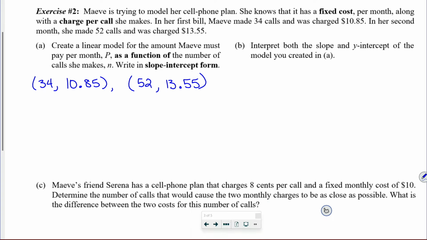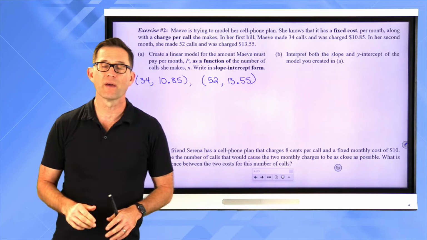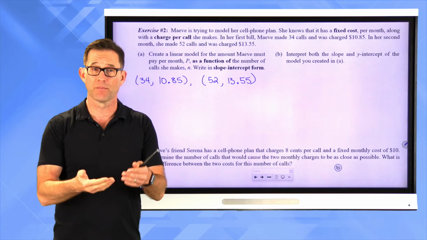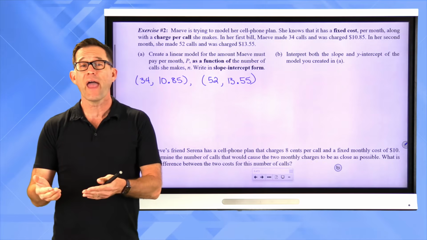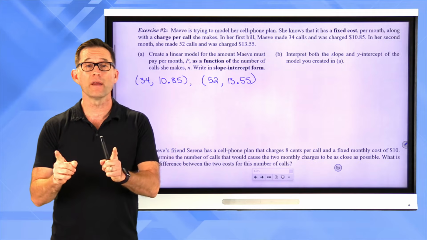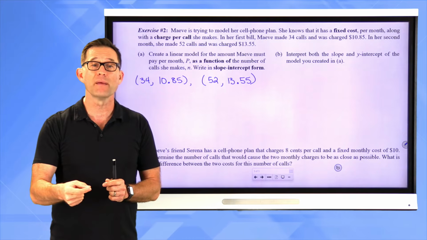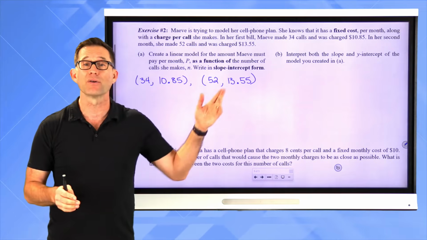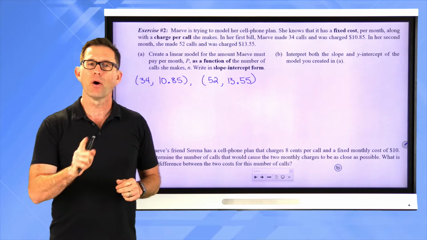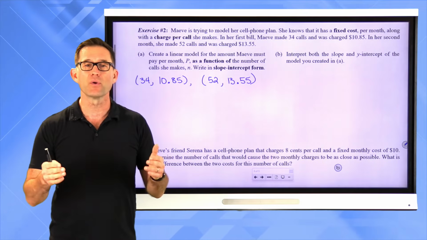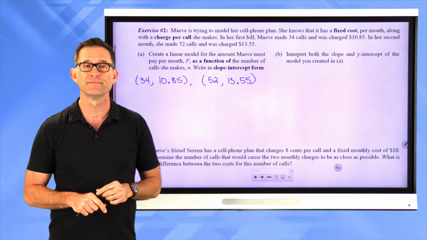Although this is a little bit messy, we've got those two points, so we should be able to calculate the slope. And what I would then suggest is writing the model first in point-slope form and then algebraically manipulating it in order to get our slope-intercept form. Pause the video now and see if you can come up with that linear model.